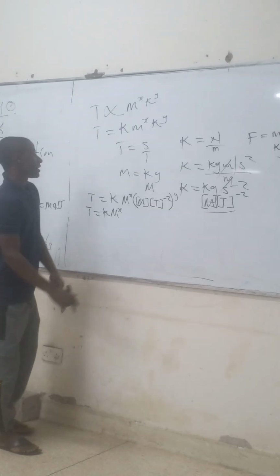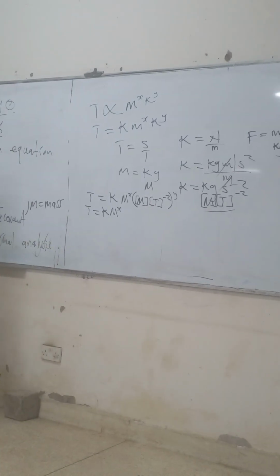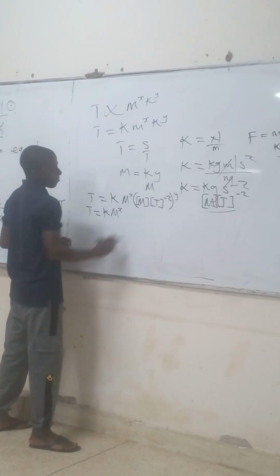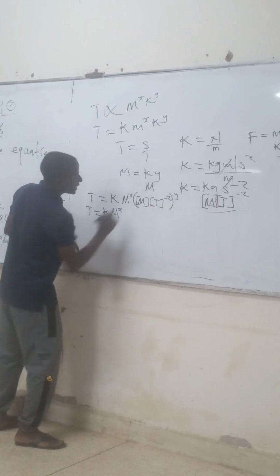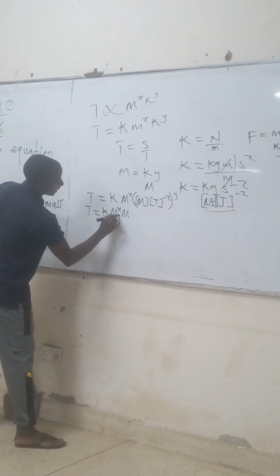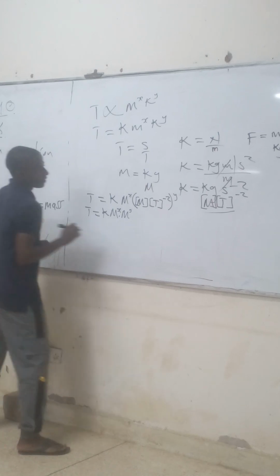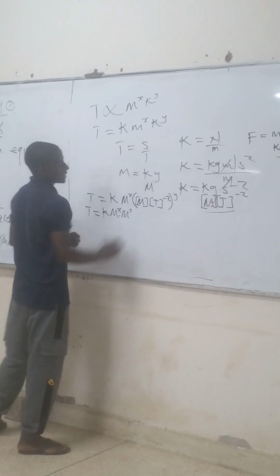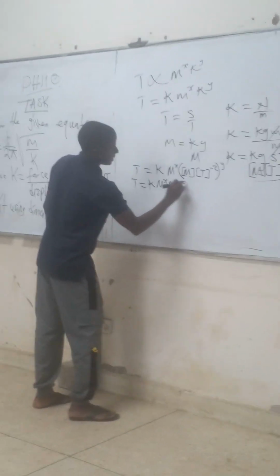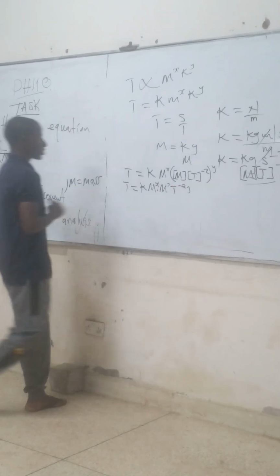Now bear in mind that under laws of indices, this power applies to everything inside. So that is y times m, that is my, and that side, that is y times -2, which is T^-2y.